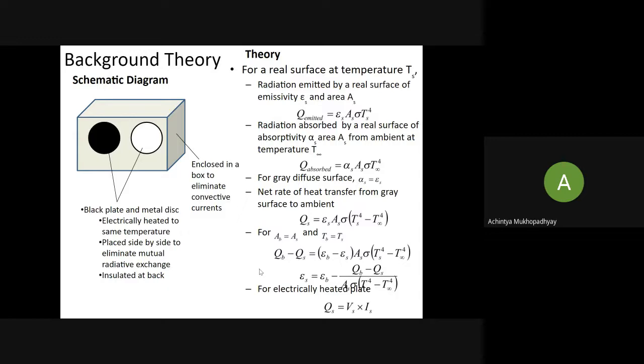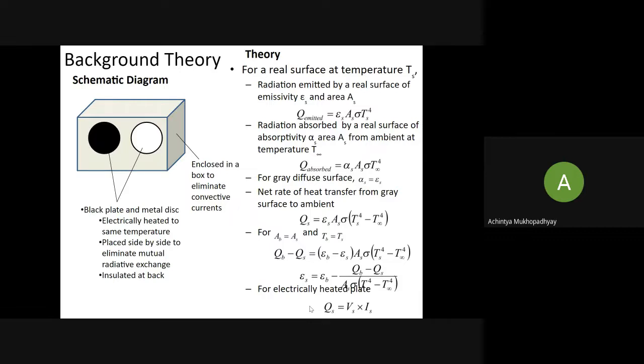So now, if we know the surface area AS, if we know the ambient temperature T infinity, and if we know the common temperature of the two surfaces TS, and if we know the heat supplied to the black surface and the test surface, then we can write: epsilon S equals epsilon B minus this thing.